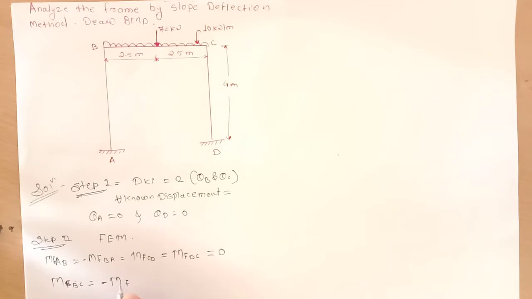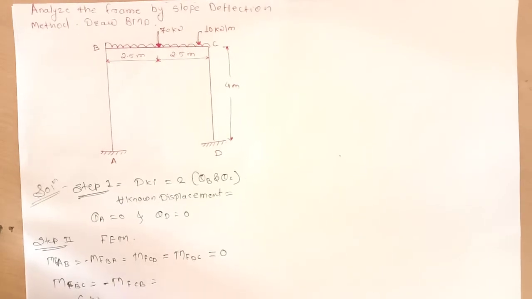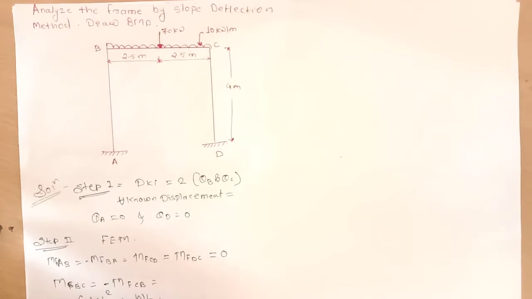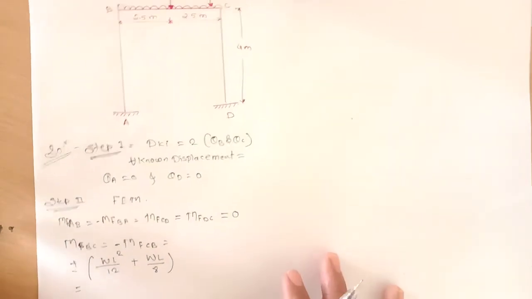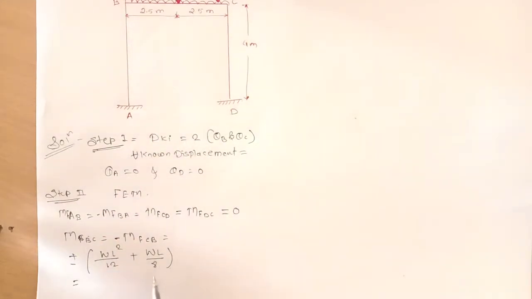the same for member CB, where the sign is plus or minus, and the formula is WL square divided by 12 plus WL by 8. Here we used the WL square by 12 formula for the UDL condition, and for the point load we used the WL by 8 formula.